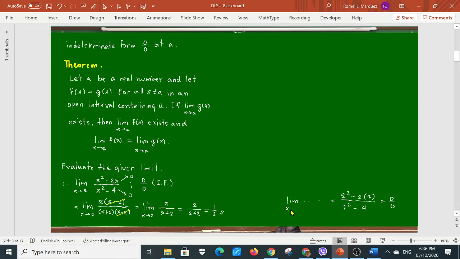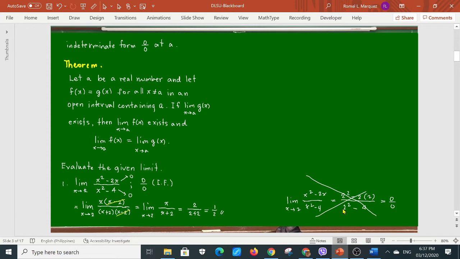That is not the correct way of evaluating an indeterminate form. So instead, you find the limit of the numerator separately from the limit of the denominator. Don't do this. Okay?